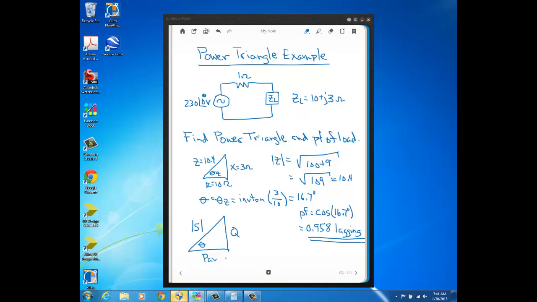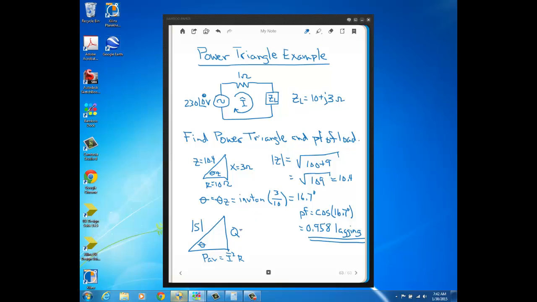Alright, well now to get P average, one way to do it is we can find the current flowing through the load and square that, and then multiply times R of the load. This 1 ohm resistor does not come into play here for the resistance because we're getting these power triangle values for the load, so you use the load R. However, as you'll see, when we calculate the current that's flowing in the circuit, then we include the 1 ohm resistor because it's part of the path of the current that flows through the load.